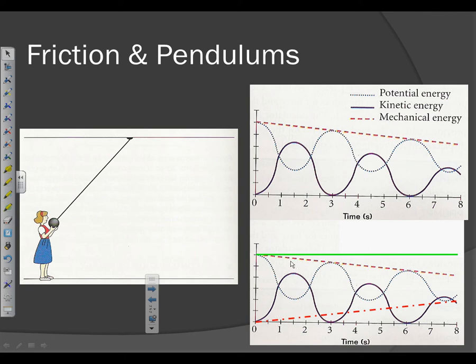What could we say about the slant of this red dashed line and the slant of this red dash dot line? If mechanical energy is decreasing, what has to be happening to thermal energy?